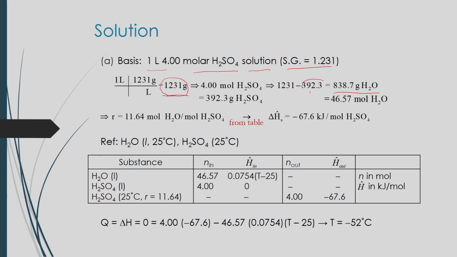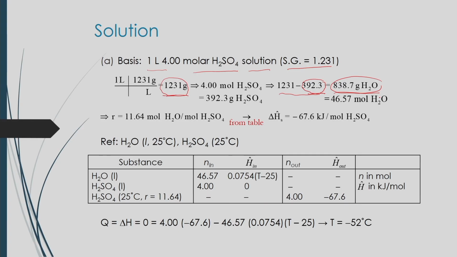Here 392.3 is the weight of 4 moles of sulfuric acid. If you subtract this amount of sulfuric acid from the total solution, you get the amount of water there.